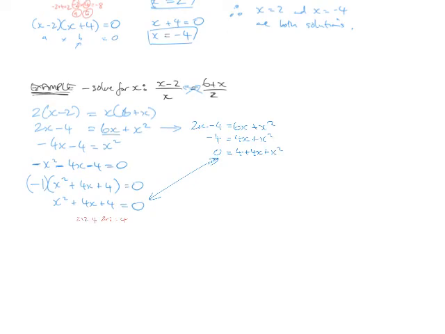So yes, A and B are 2 and 2, so it's going to be x plus A, which I determined was 2, and x plus B, which I determined was also 2. I keep writing is equal to 0, and so it's x plus 2 squared is equal to 0.